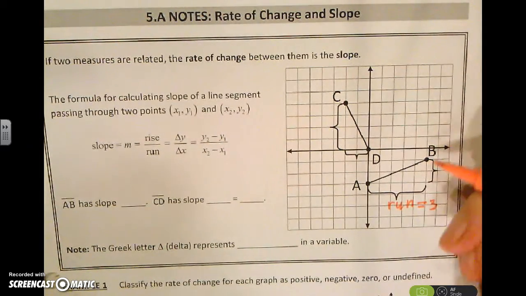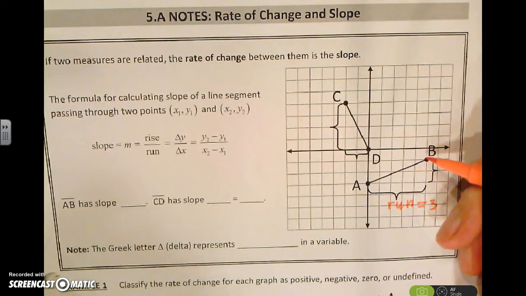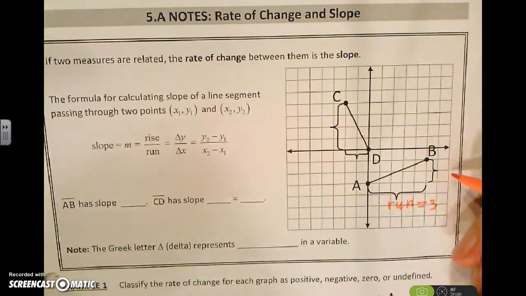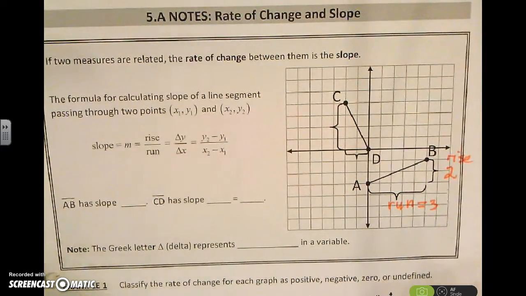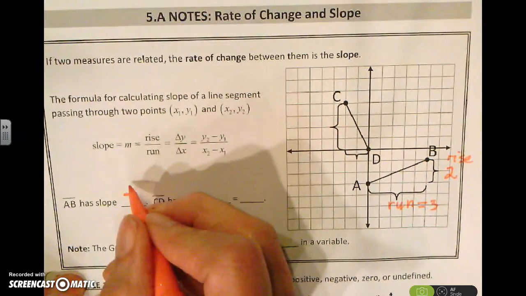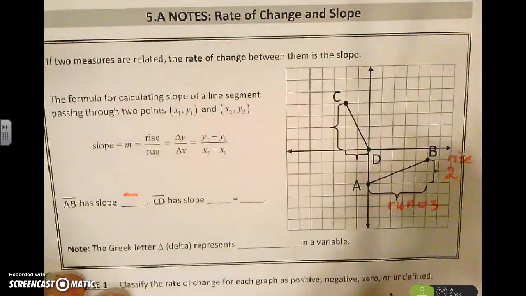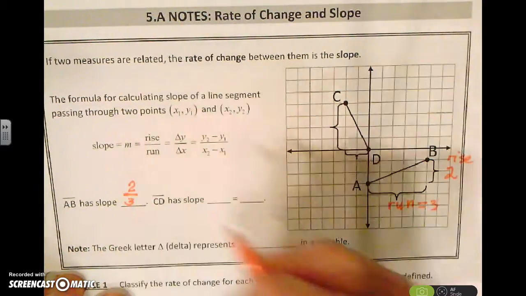Then the rise is going to be the vertical move from the y value here to the y value of B, and you can see it's going up 2. So the rise is equal to 2. So we'll say over here that AB has a slope. If I'm going to do rise over run, my run was 3 and my rise was 2, so 2/3.